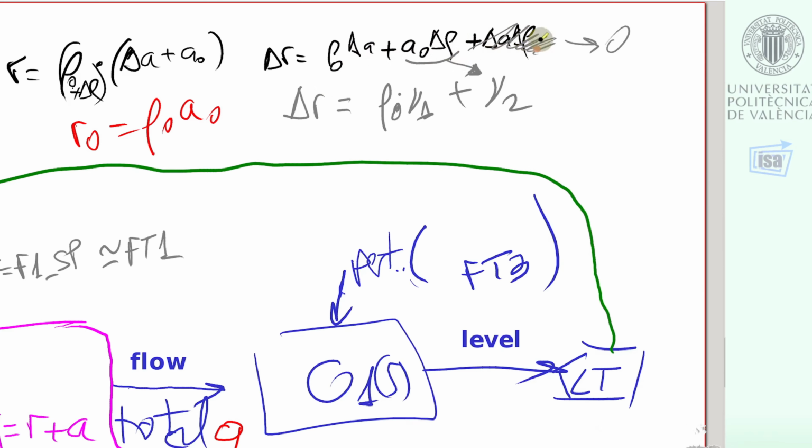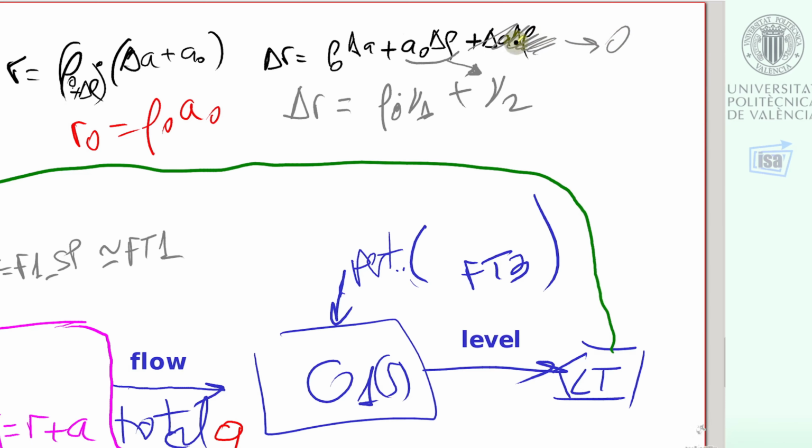But the product of two increments, if we assume that in linearization stuff increments are small, then this is a second order increment, the product of two small, in theory infinitesimal things. We can replace it by 0 when we approximate up to first order.